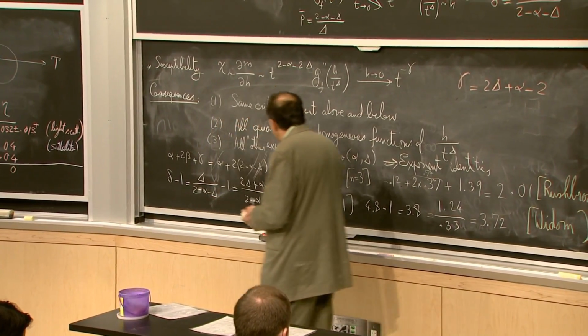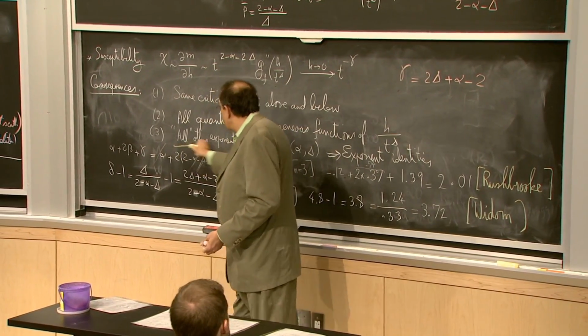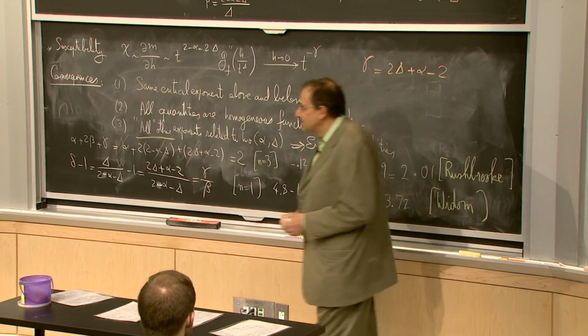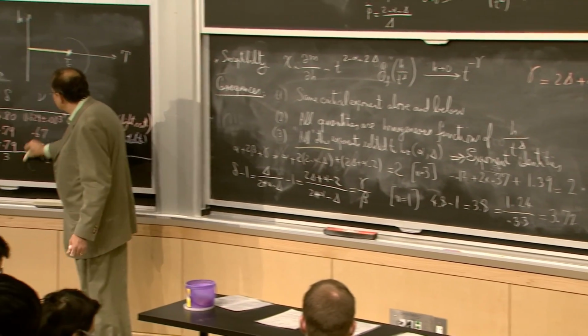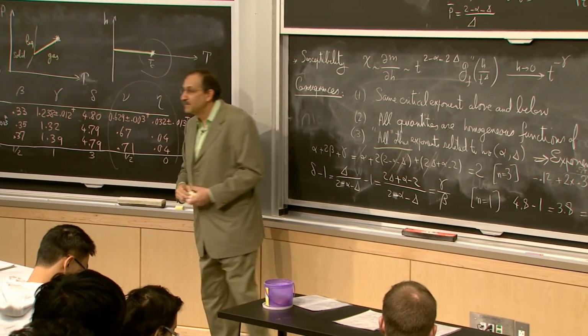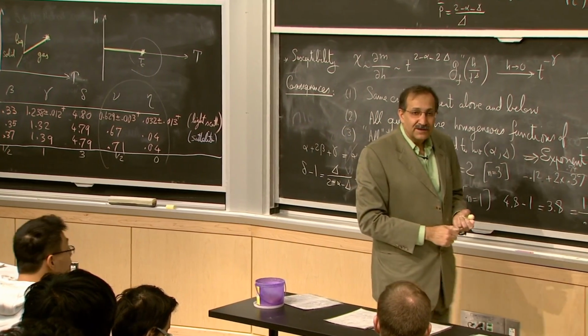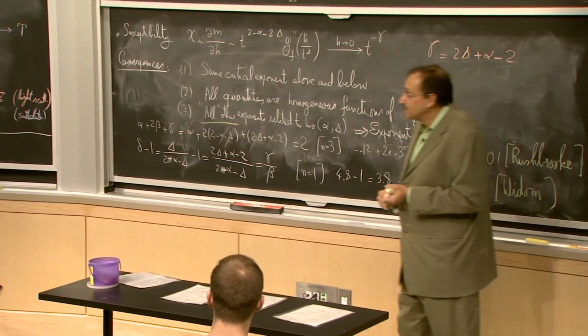So I started by saying all other exponents, but then I realized we have nothing so far that tells us anything about mu and eta, because mu and eta relate to correlations. They are microscopic quantities.